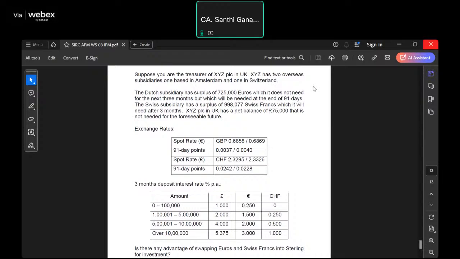So first, investing locally, what is the position?